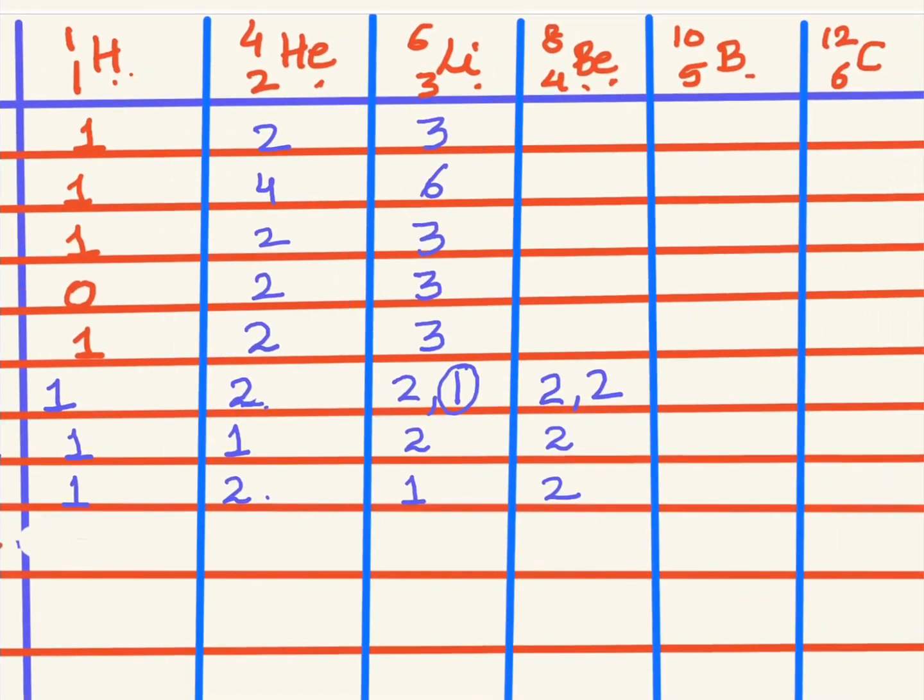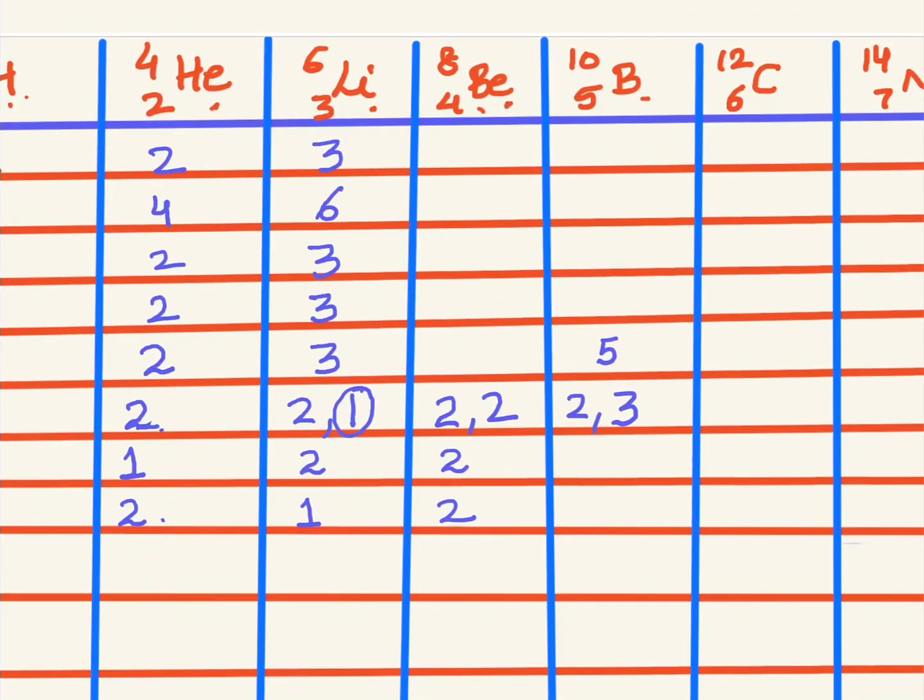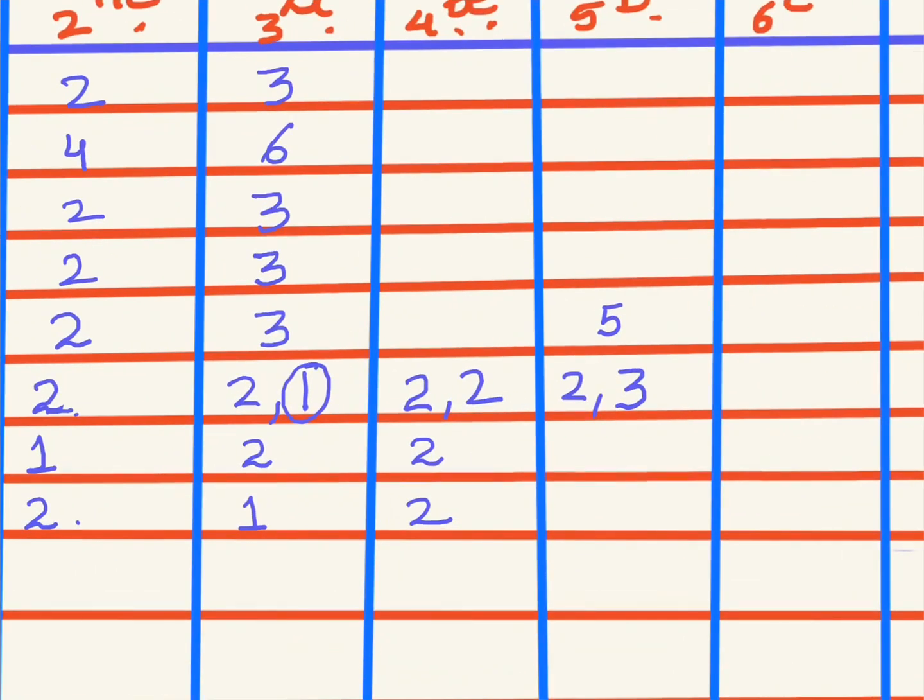Great going. Let's try for boron. So boron atomic number was 5. So number of electrons is also 5. Electronic configuration is 2 and 3. What's the number of the valence shell over here? Yes, it's 2. How many electrons in the valence shell? 3. What about carbon? Number of electrons in the valence shell? 4. Valence shell 2. Able to understand?